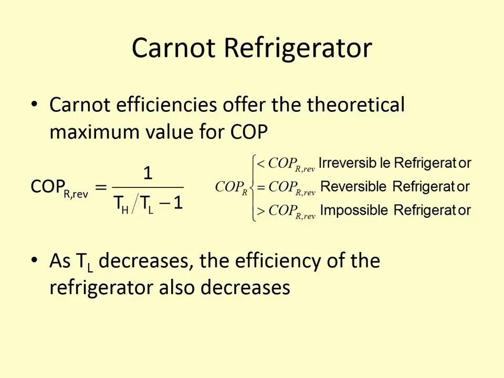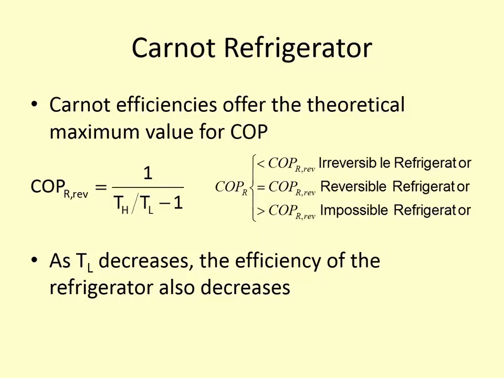As the temperature T sub L decreases, the performance of this refrigerator will also decrease, meaning the refrigerator has to work harder to maintain that cold space, and the more work that goes into the system to remove heat, the worse performance you can expect.